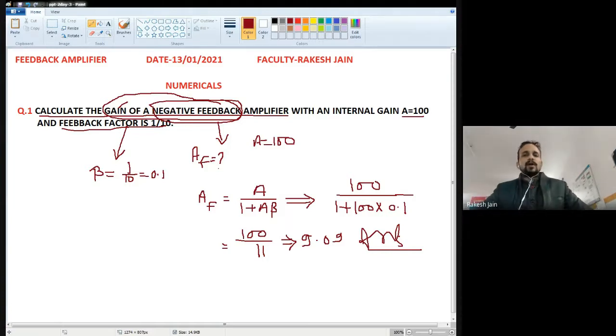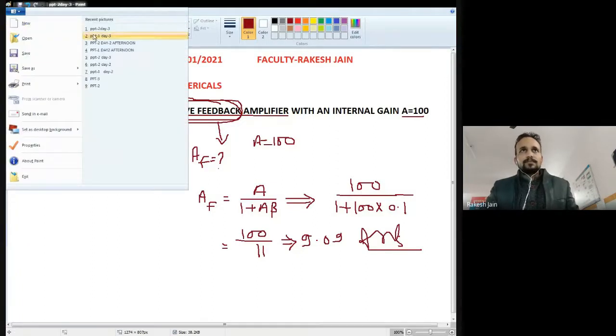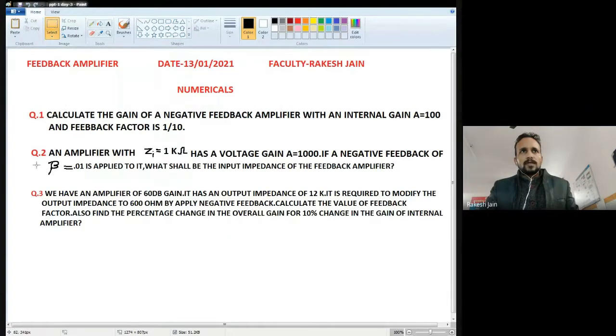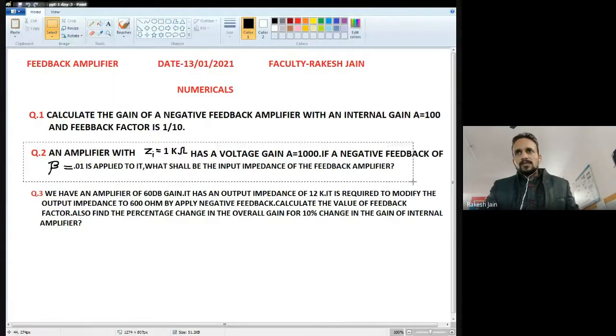So 100 divided by 1 plus 100 multiplied by beta, where beta is the feedback factor given as 1 upon 10, also known as 0.1. We put in the values and find the answer as 9.09. So the very first numerical is solved. Now we are going to solve the second numerical. The second numerical is this one.